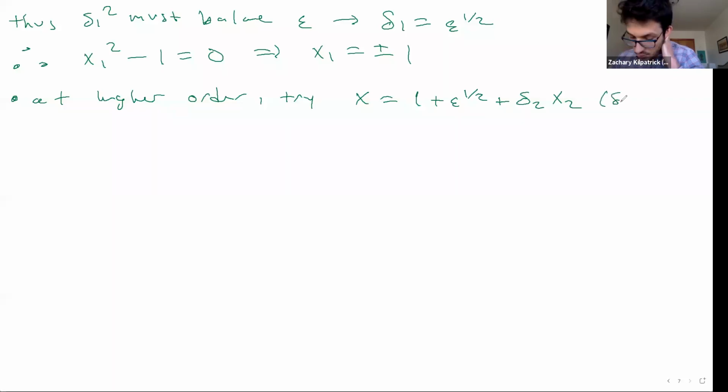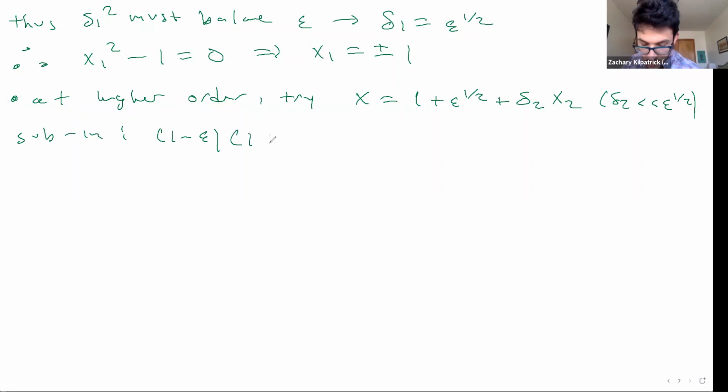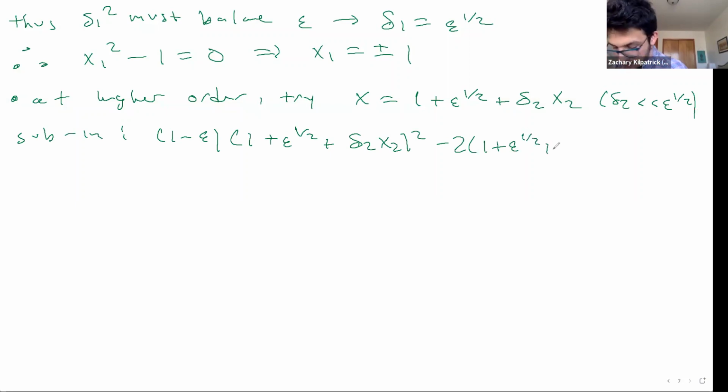And we know that delta 2 now needs to be much less than epsilon to the 1/2 to be the next term in the expansion. If we sub this in, then we get 1 minus epsilon times (1 plus epsilon to the 1/2 plus delta 2 x2) squared minus 2 times (1 plus epsilon to the 1/2 plus delta 2 x2) plus 1 equals 0.